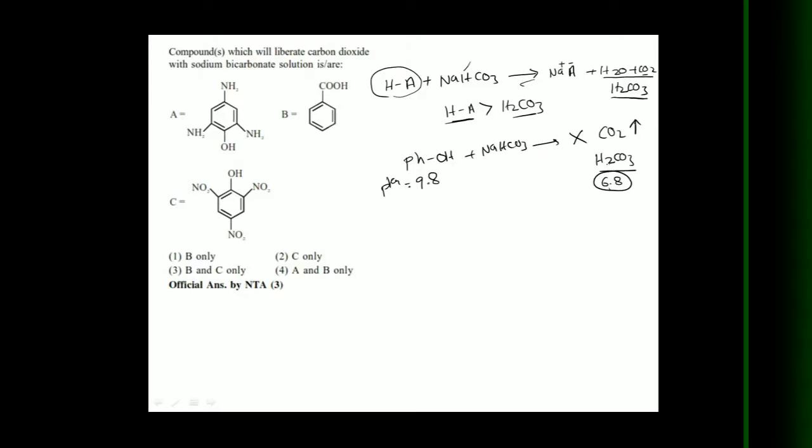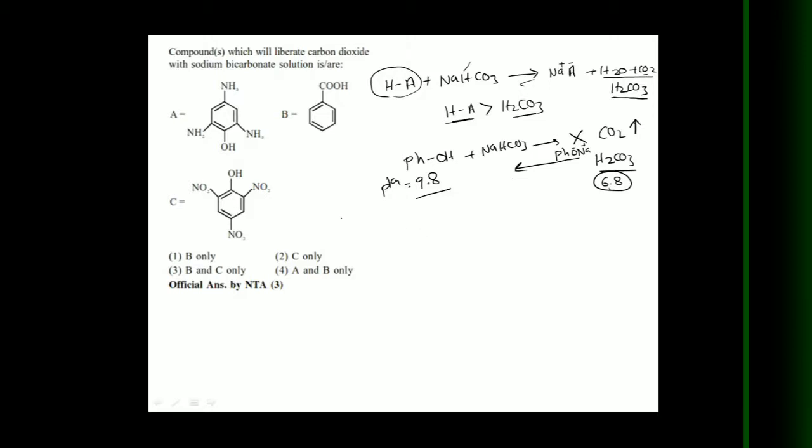So that means carbonic acid is more acidic than the phenol. Phenol is a weaker acid, so its conjugate base, the phenoxide ion, is a strong base, so backward reaction takes place. So sodium bicarbonate is not decomposed by the phenol.